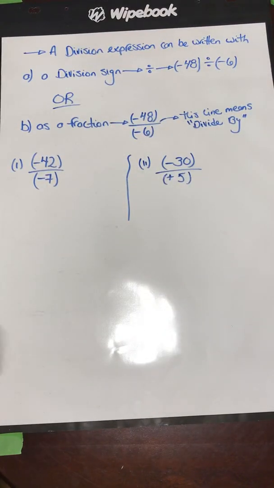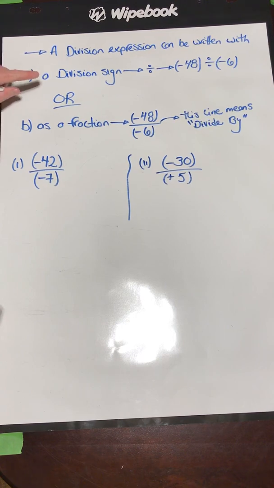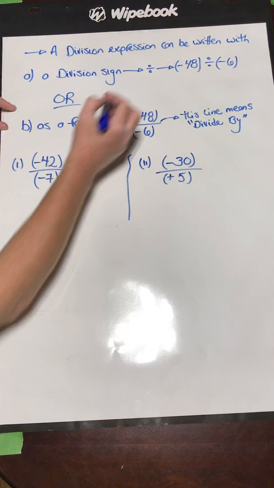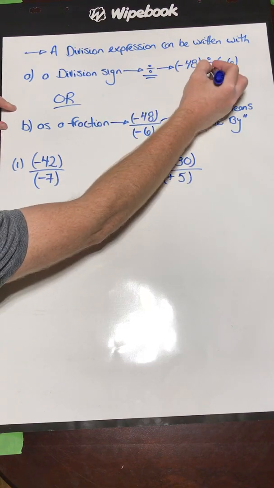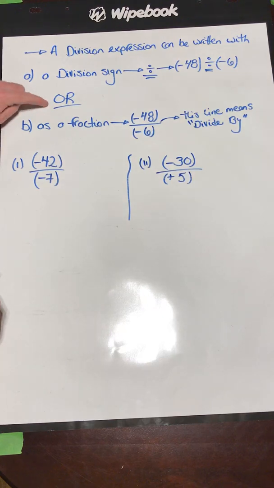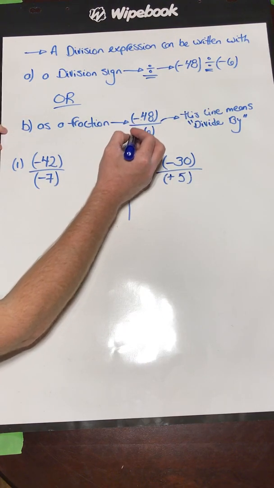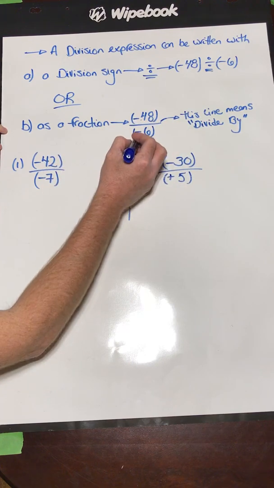Some other things that we need to know about when we're dividing integers is that a division expression can be written with a division sign, so negative 48 divided by negative 6, or as a fraction, negative 48 over negative 6.